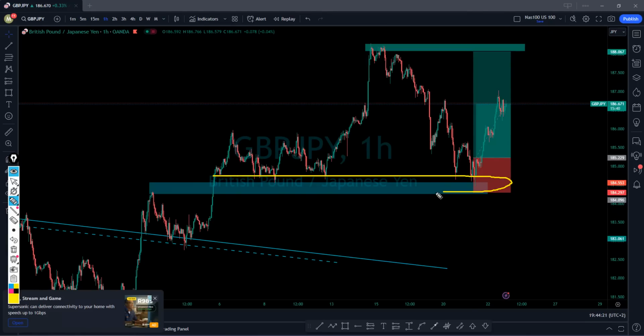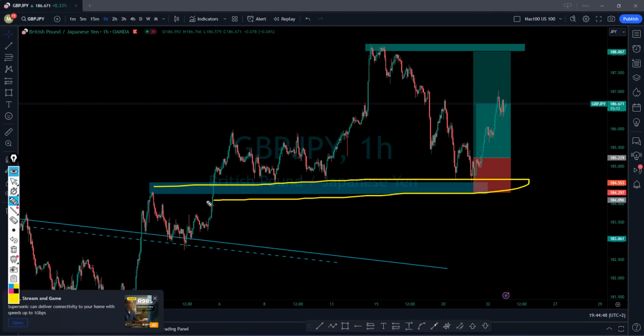But once the market respects this area, why didn't we just buy here? We already knew that we were on an uptrend, but we do not just jump. We wait for the market to show us the road that it's going up. The problem is when you want to be in front of the market, you buy early, and then the market continues selling, and you say why the market doesn't respect the support.